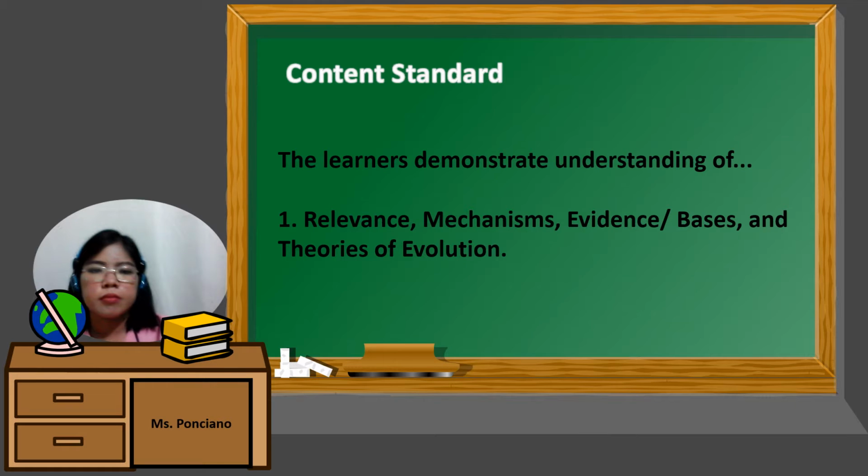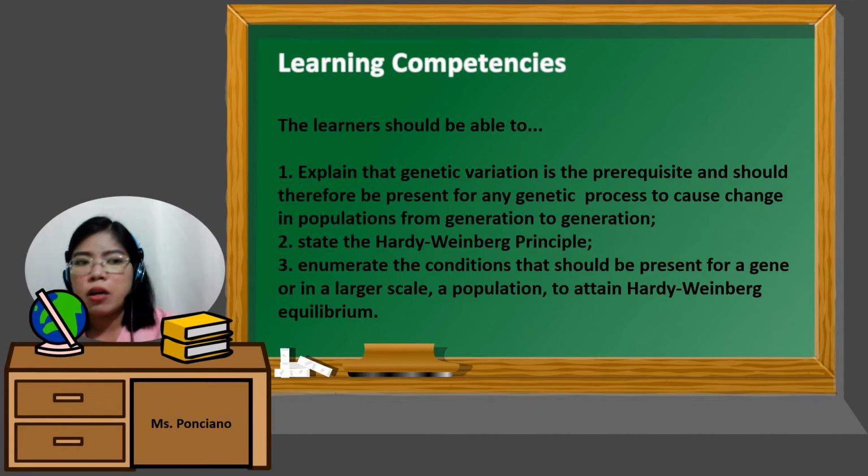For the content standard of our lesson, the learners demonstrate understanding of relevance, mechanisms, evidence or basis, and theories of evolution. For your learning competencies, you should be able to, number one, explain that genetic variation is the prerequisite and should therefore be present for any genetic process to cause change in populations from generation to generation.